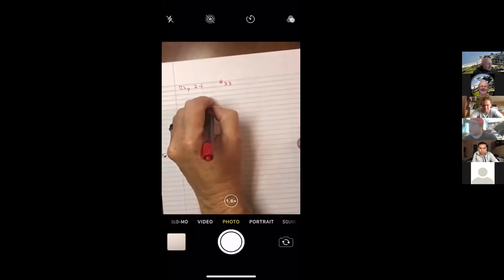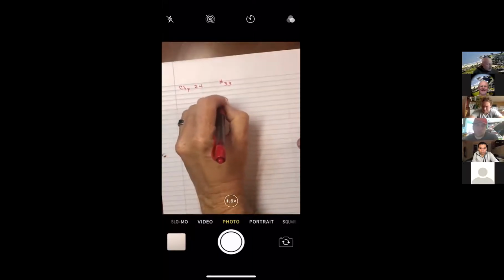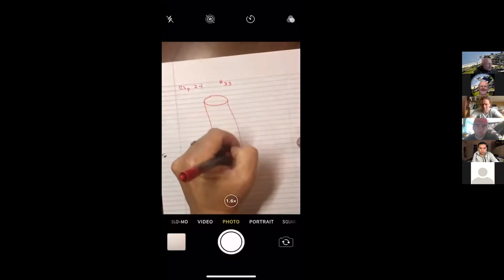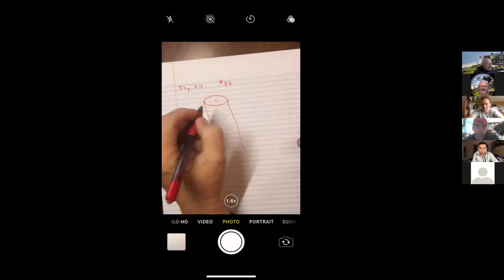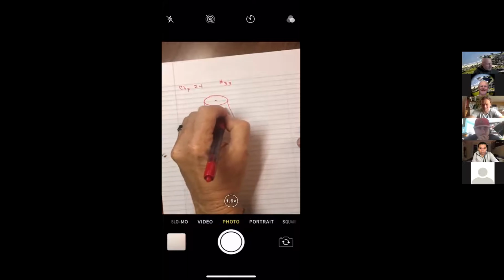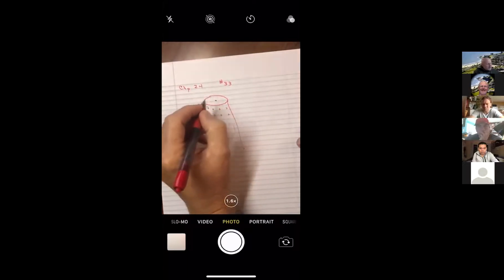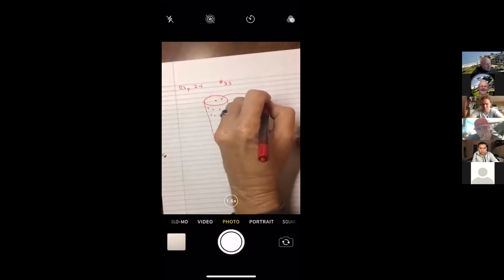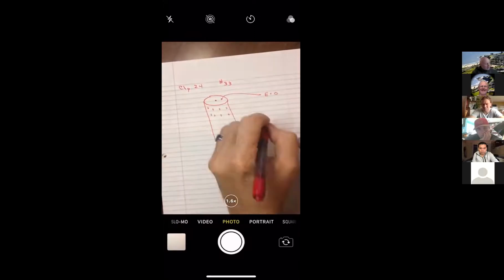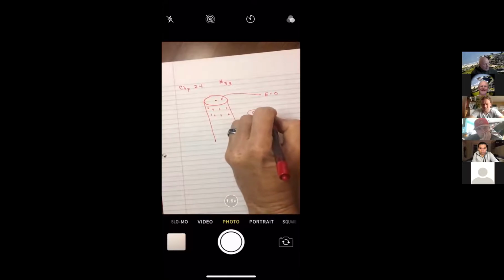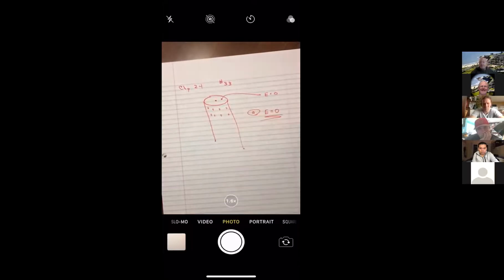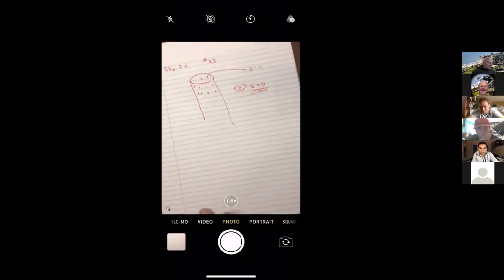Excellent. So if I were to draw a picture of a rod, since they said it was a metal rod, the charge is on the outside surface, and the field, as you already said, inside is 0. So A is the easier one, 0. Now, let me ask this question for you.